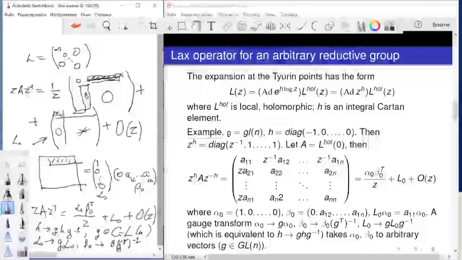Under this conjugation, alpha 0 can be taken to an arbitrary vector.